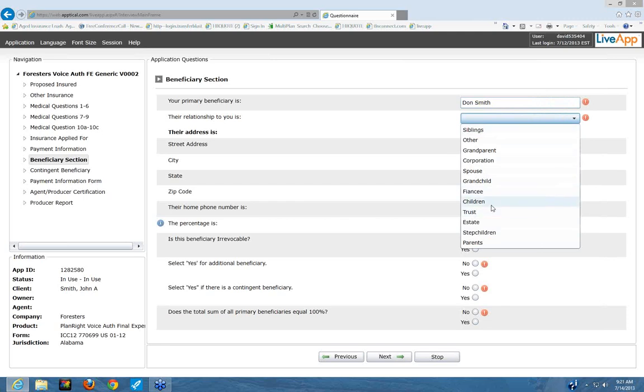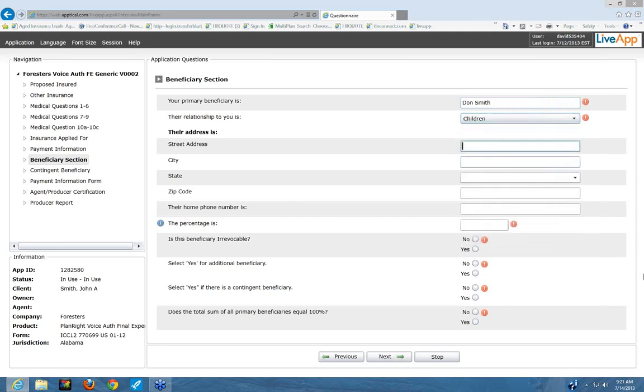So for ease of use, say give me 1 person, it's a child. Now, the street address. Look, it's not important to have Don's street address. So I'll tell the client, if they don't have it handy, okay, Mr. Smith, I'm just going to use your address.